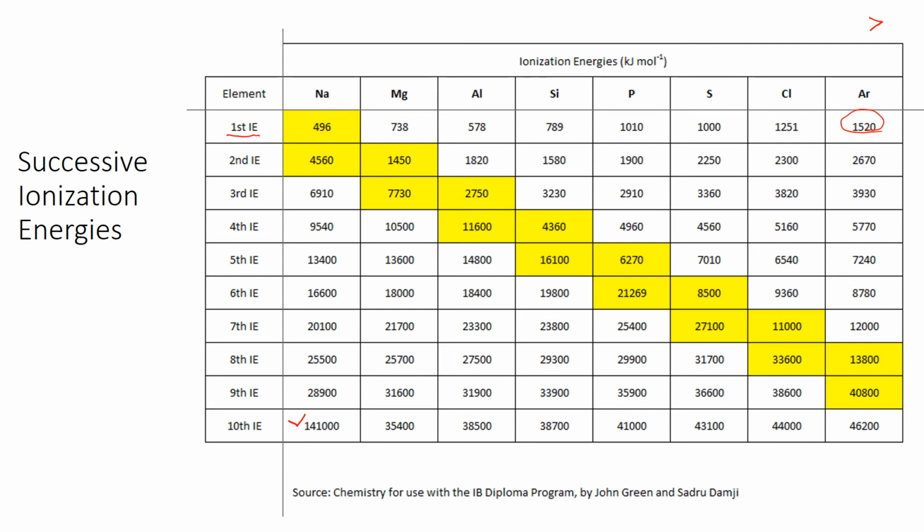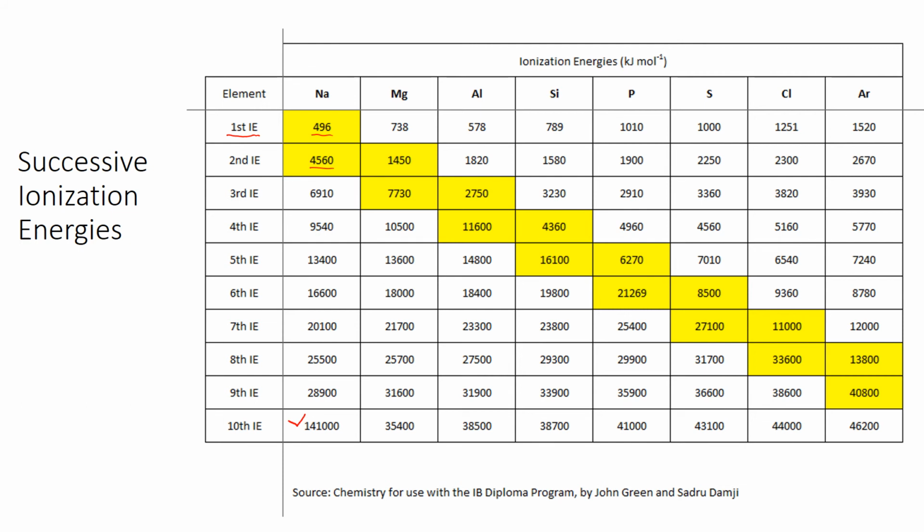But the last piece that I want to point out to you is associated with this zigzag highlighted in yellow here. It's there to note a large difference in each column between the two yellow highlighted blocks. So notice for sodium, for example, the ionization energy between the first and second jumps by 1,000-fold.